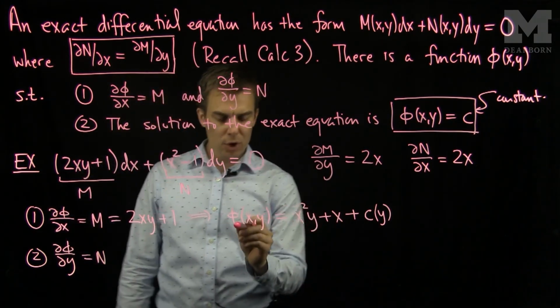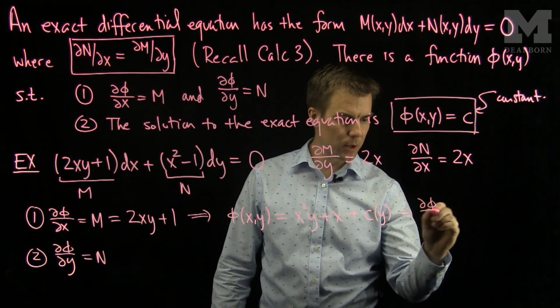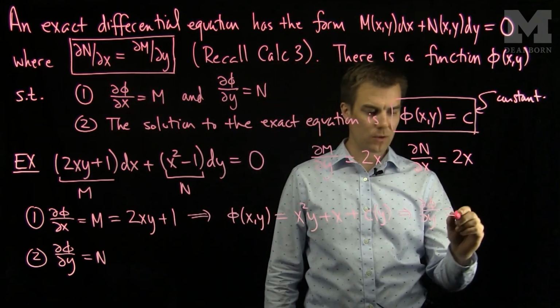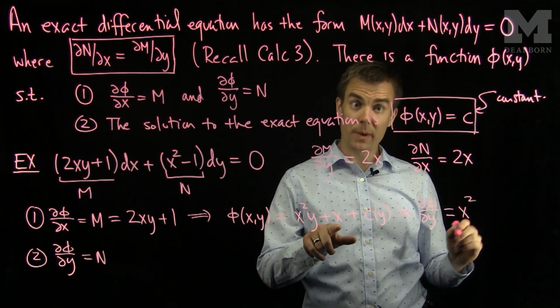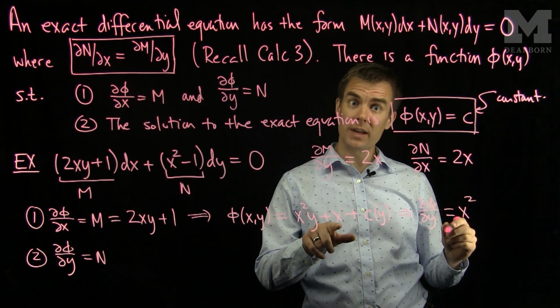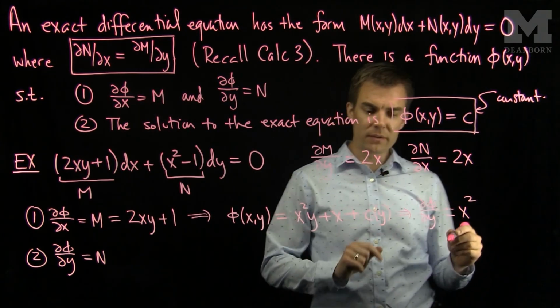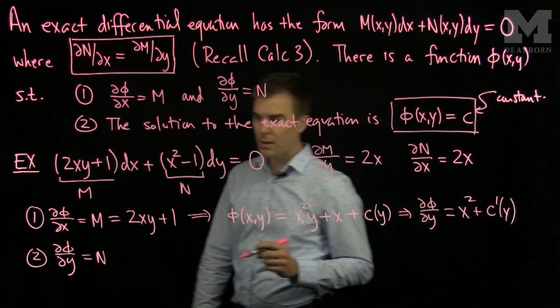So I can compute the y derivative of this, partial phi partial y. The derivative of x squared y with respect to y is x squared. The derivative of x with respect to y is 0, since we treat x as a constant when we do partial derivatives with respect to y. And the derivative of c of y will be c prime of y.